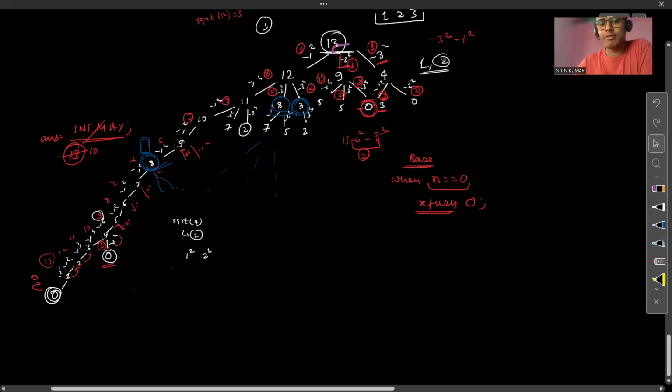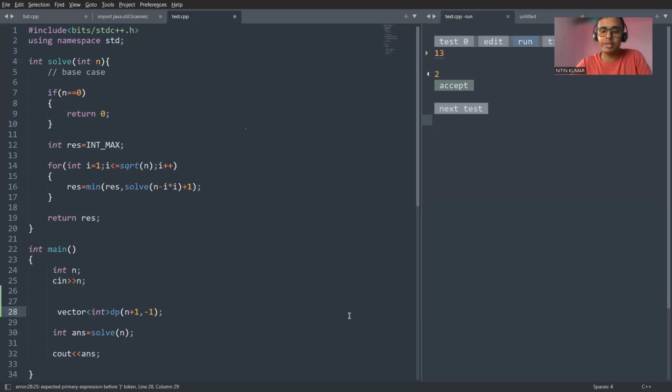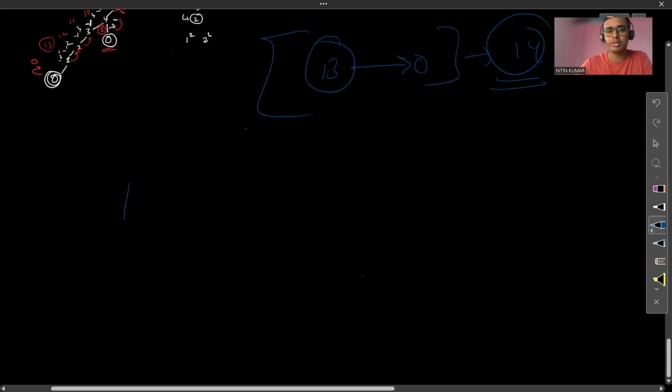Let's say I am performing my operation on 13, then what are all the possible values of n which I can visit? This is in the range of 13 to 0. So you can see there are a total of 14 different values which I can visit. So that's why I'm taking 14 different array spaces. And initializing all of them to minus 1. So let's take it here.